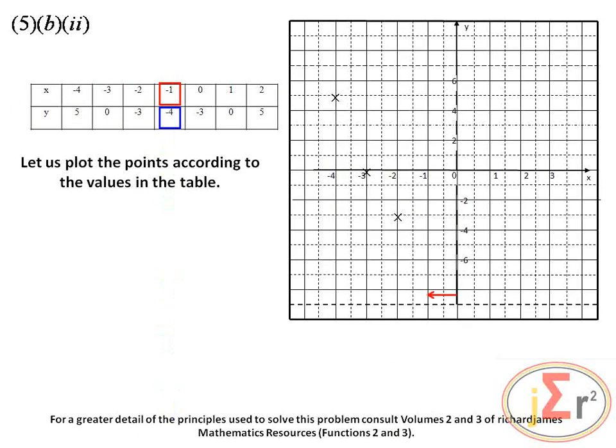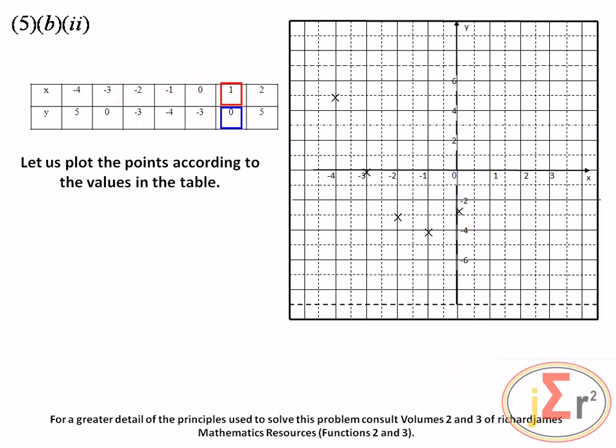Then negative 1, negative 4: negative 1 in the x direction, negative 4 in the y direction, and the point is placed right there. Now we have no movement in the x direction and negative 3 for the y. So 3 units in the negative y direction.